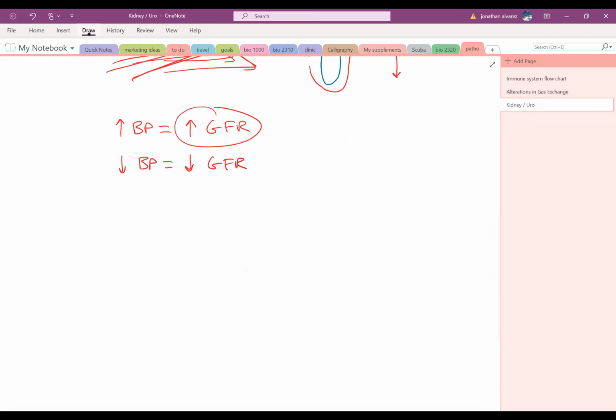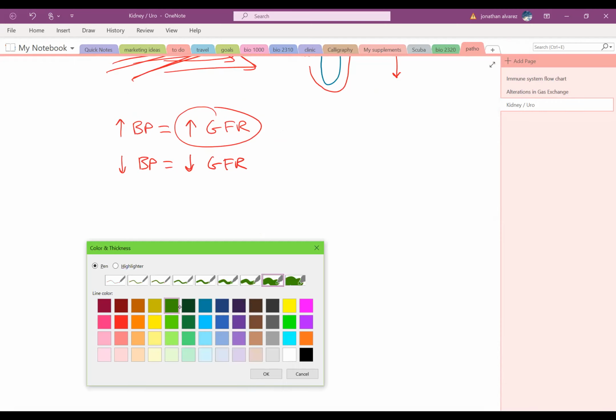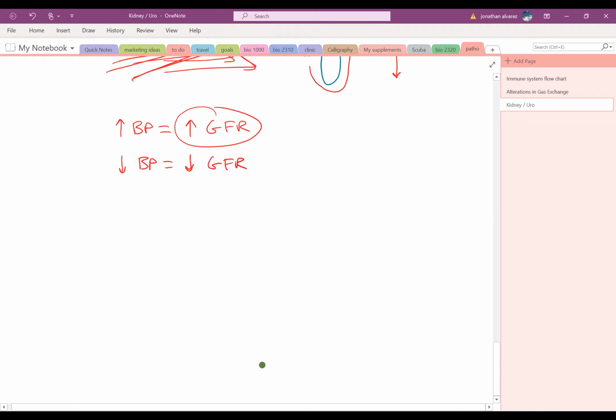The other thing to consider is your hormones. Hormones are a big part of kidney function and filtration rate and blood volume and all that stuff. Blood volume is huge. Kidneys are responsible for helping you with blood volume.